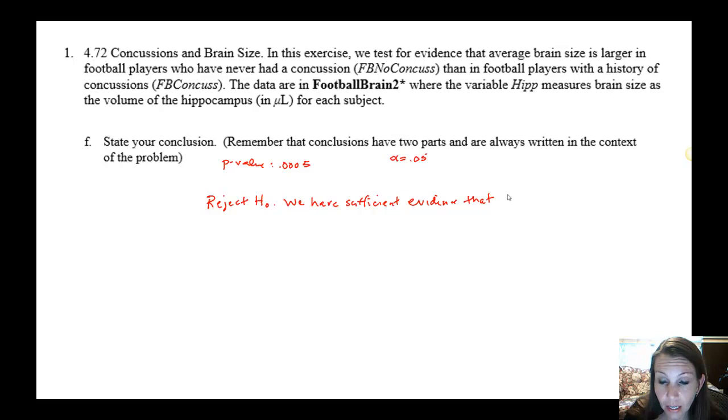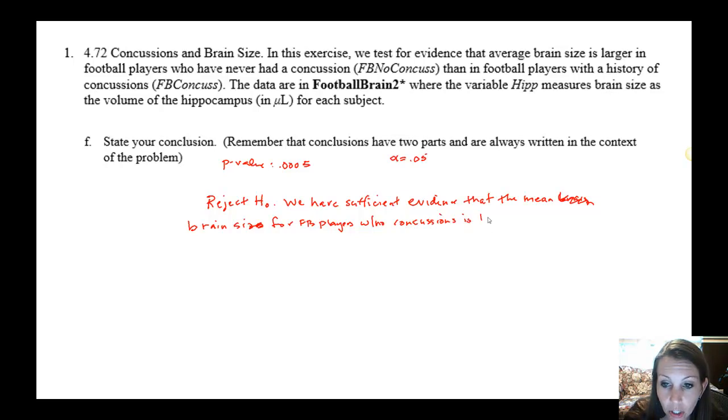that, and now I'm going to write out that alternative hypothesis, that the mean brain size for football players with no concussions is larger than, or you could say greater than, the mean brain size for players with concussions.